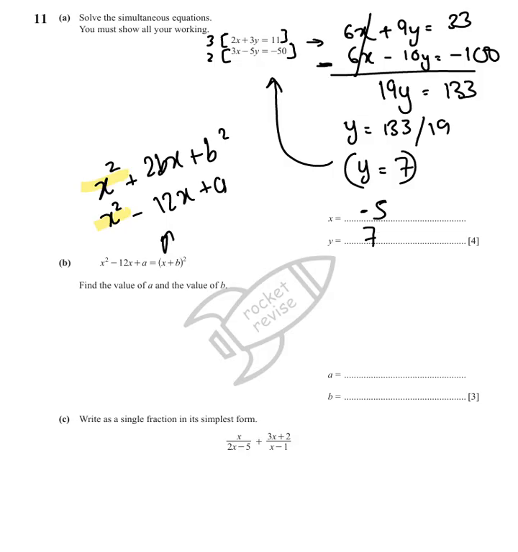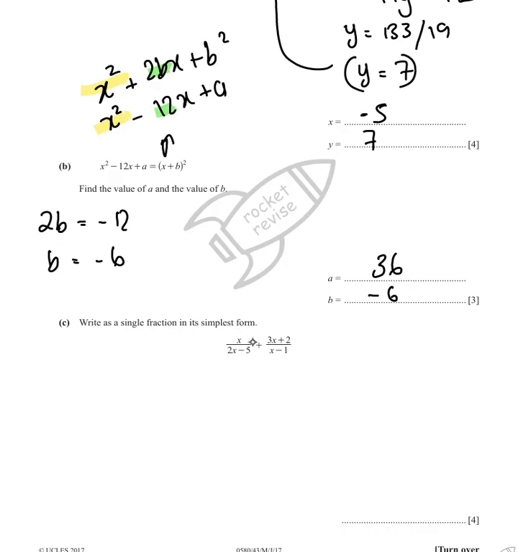But on the other hand, we can have 2b equals minus 12, which means b equals minus 6, right? So yes, b does equal minus 6. And if b equals minus 6, a becomes 36. Easy, right?